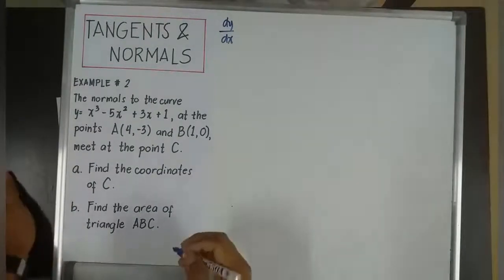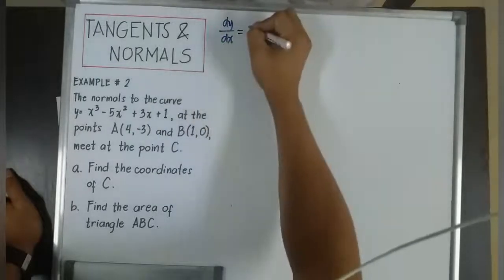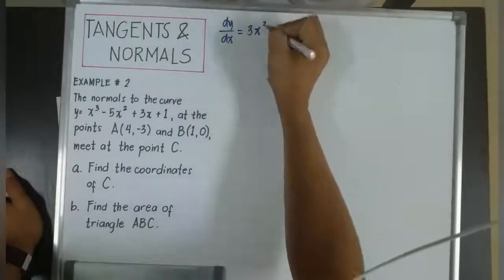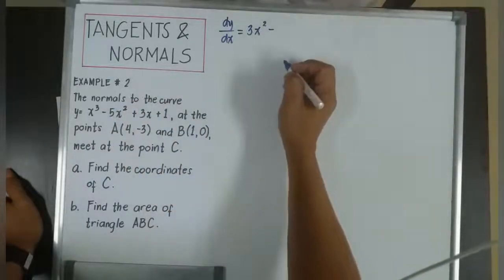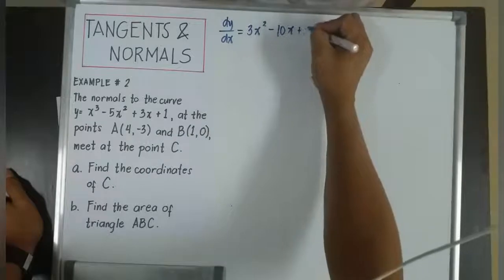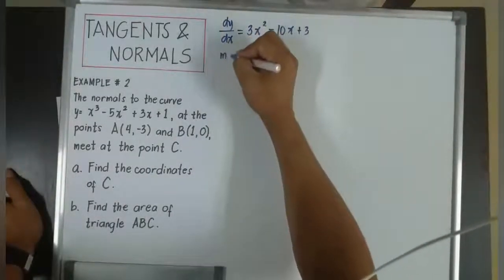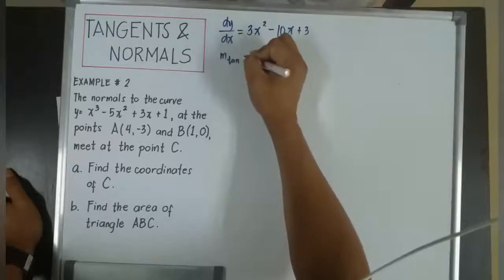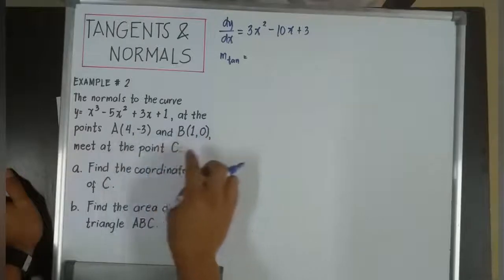The dy over dx now is equivalent to x cubed will become 3x squared minus 2 times 5 is 10x, then plus 3. That is the dy over dx. The gradient of the tangent, okay, there are 2 points.